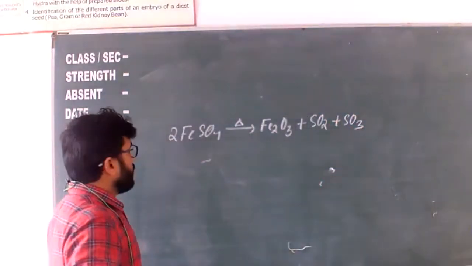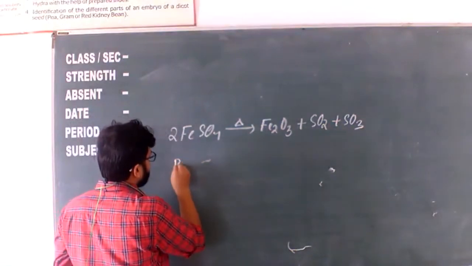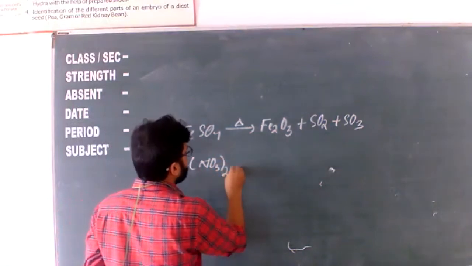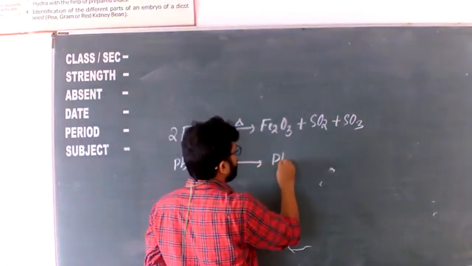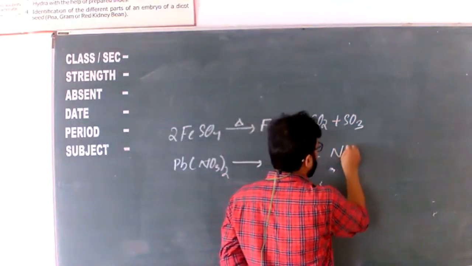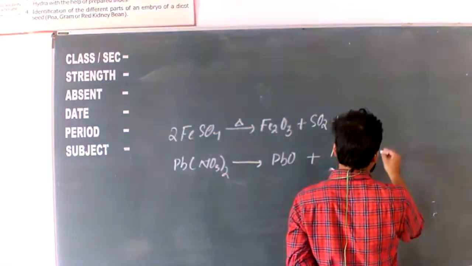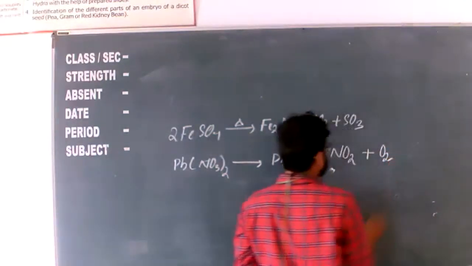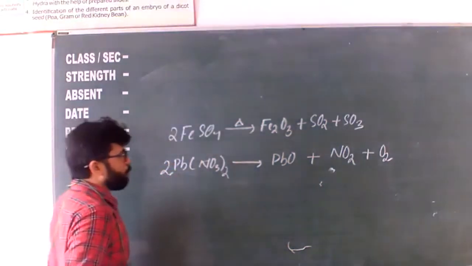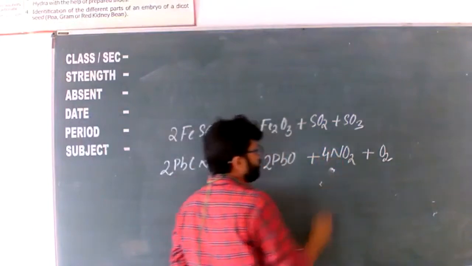Now the other one that we did, lead nitrate, Pb(NO3)2, gives PbO, which is yellow in color, NO2, nitrogen dioxide, reddish brown, and oxygen gas. What is the balanced chemical equation? 2 Pb(NO3)2 gives 2 PbO plus 4 NO2 plus O2.